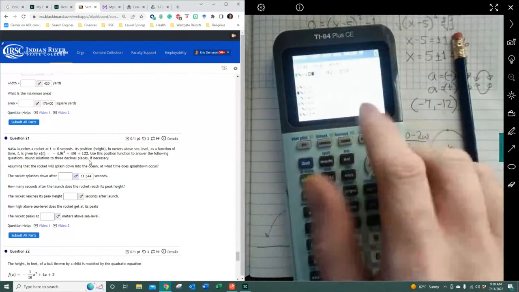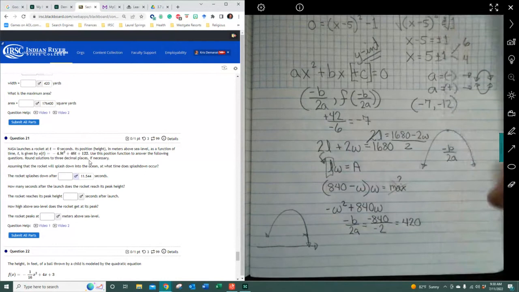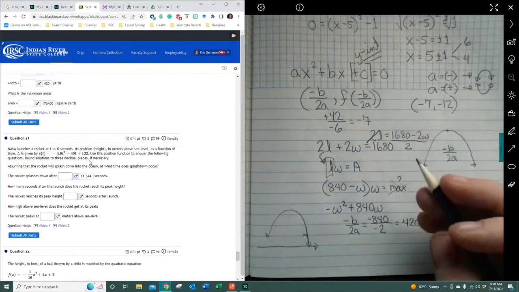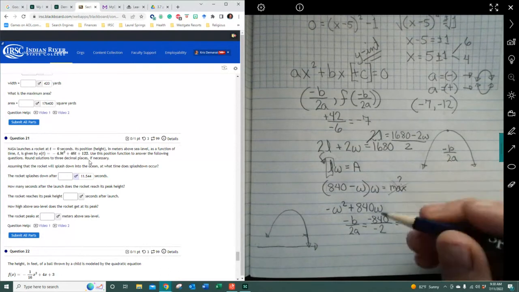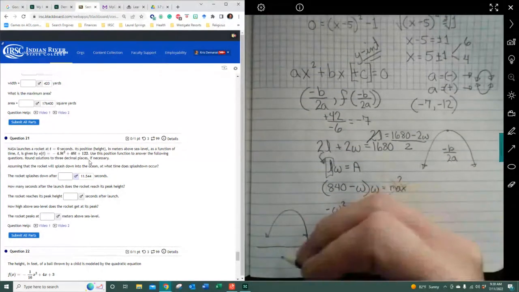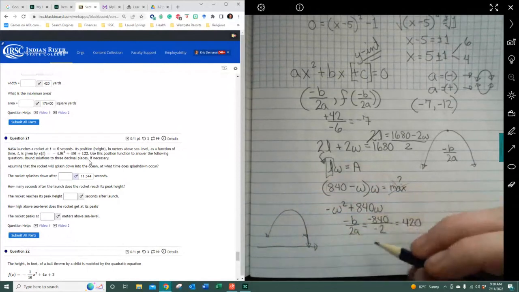Plug it in and see where it is. Now, it's right here. It says 11.544 seconds. So that's time. How long does it take to get to elevation 0?